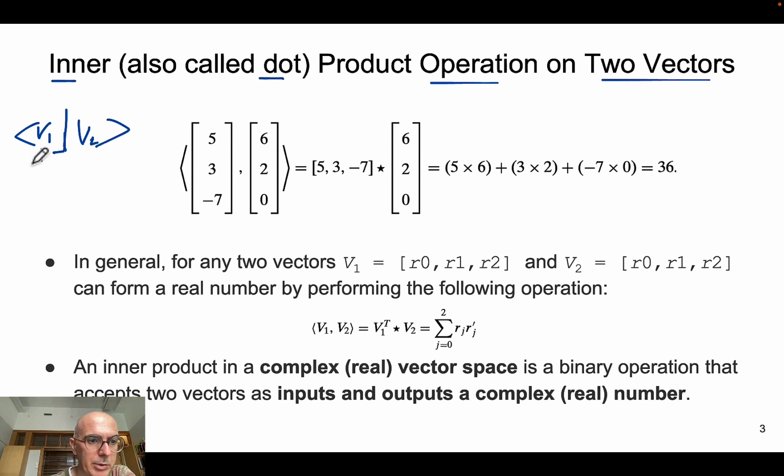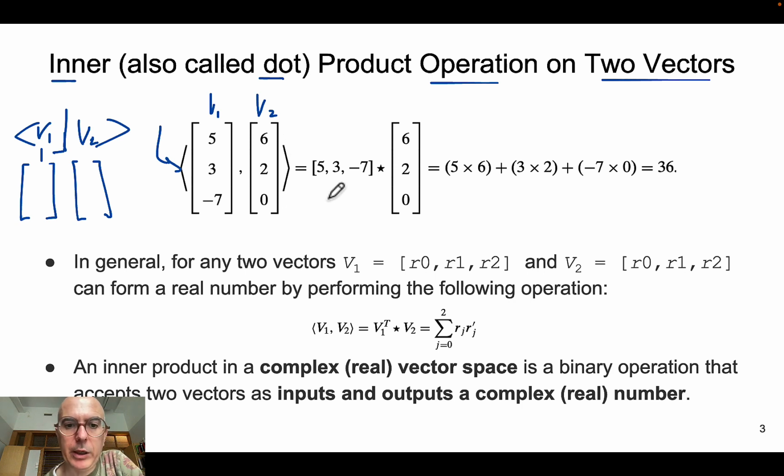So v1 can be, for instance, a column vector, and v2 is also a column vector with the same number of elements. This is just a fancy notation for an inner product or dot product. In this case, v1 has elements 5, 3, minus 7, and the second vector v2 has elements 6, 2, and 0.